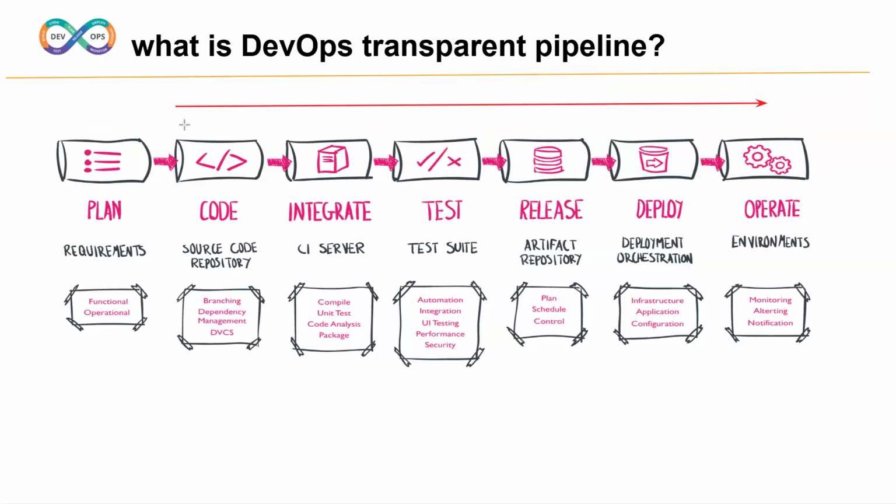In this DevOps transparent pipeline, what exactly are the roles and responsibilities? Let us try to understand, guys, each and every stage.